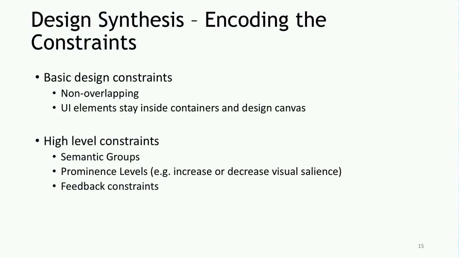And then some more about how we're actually implementing this right now. We're using Z3 to encode some of these constraints into a constraint solver. So we have the basic design constraints, we have the high-level constraints like semantic grouping, prominence levels, feedback.